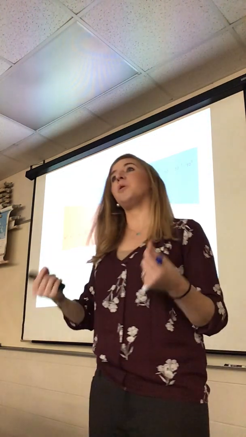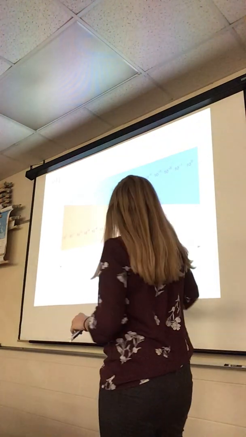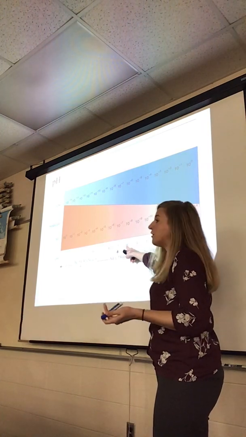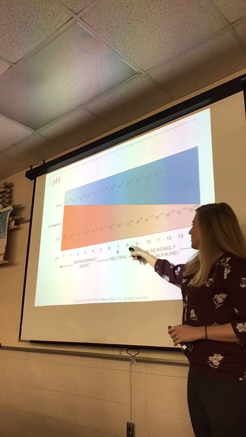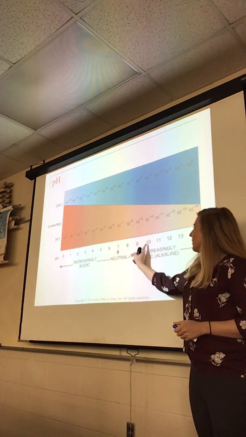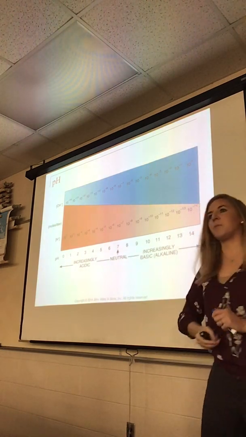So it's almost like you're multiplying each one by 10. So something with a pH of 8 is actually 100 times more acidic than something with a pH of 10, because it's closer to 7 here. Usually this is the basic scale, so I said it. Something with a pH of 10 is 100 times more basic than something with a pH of 8.